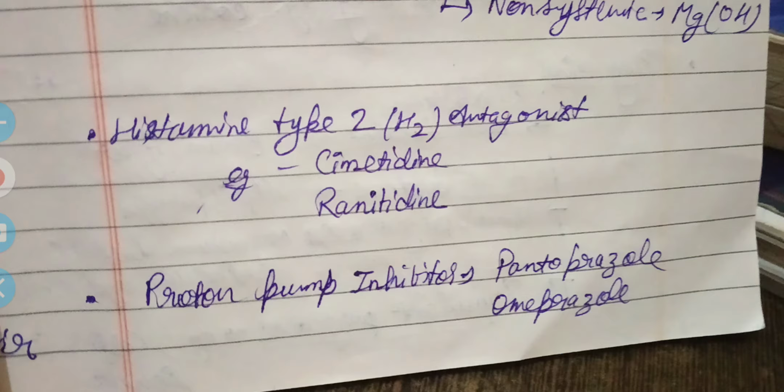And the proton pump inhibitors are pantoprazole and omeprazole. These names you have to remember. These are mostly the important names. At least 2 drugs you should remember of the classification. So now we are going to discuss the histamine type 2 receptor antagonists, cimetidine and ranitidine.